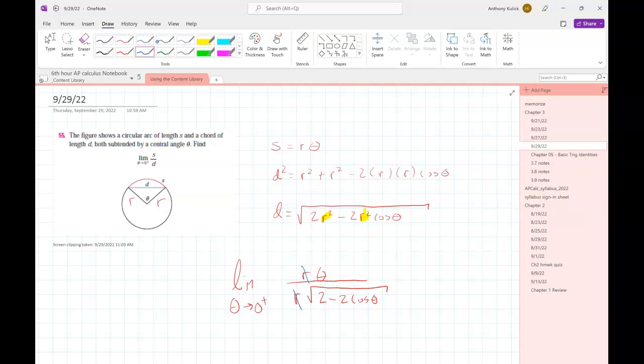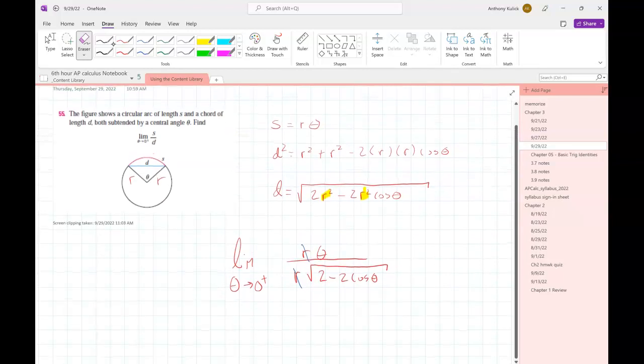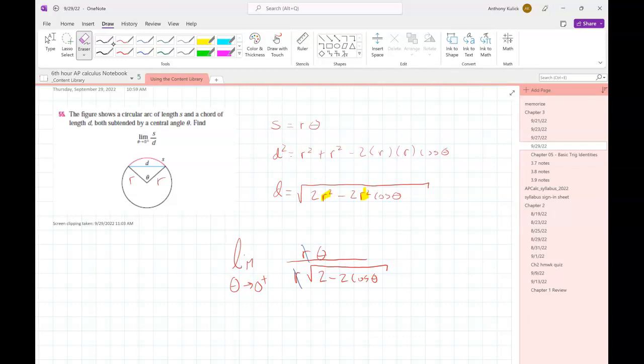Okay. What else can we do with this now? So I got the r's out of there. We're just in terms of thetas. But if I go to 0, if I just do a direct substitution, I get 0 over 0, right? Which is no bueno.